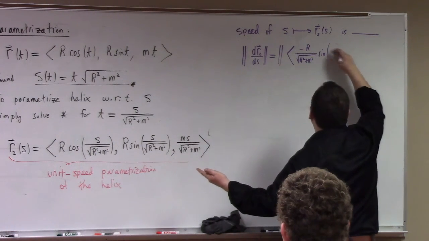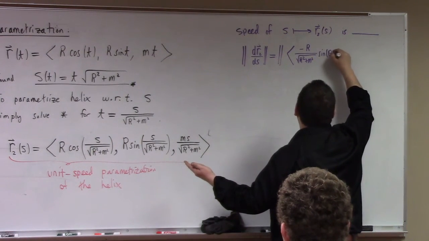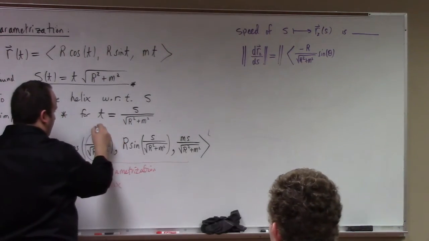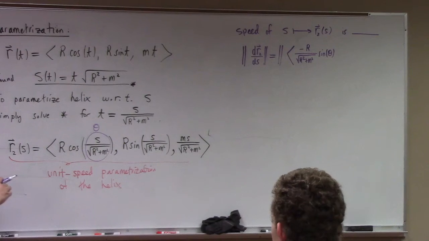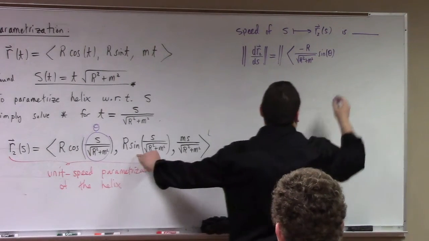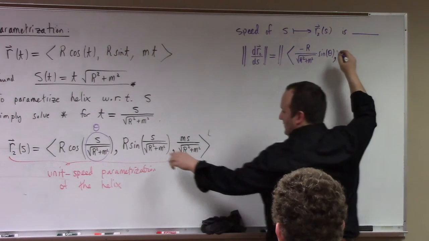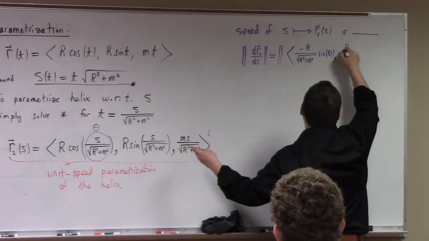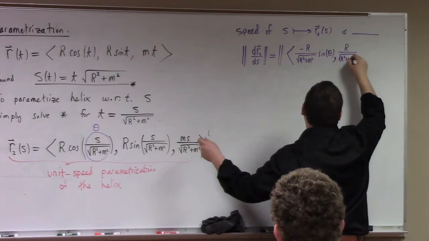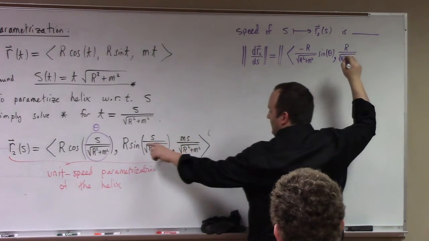If you don't mind, can I just call that thing theta for the sake of not writing it? And then differentiate this with respect to s. What do we get? r over the square root of r squared plus m squared. Derivative of sine is cosine.